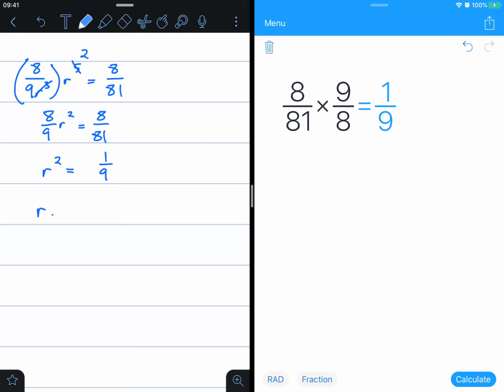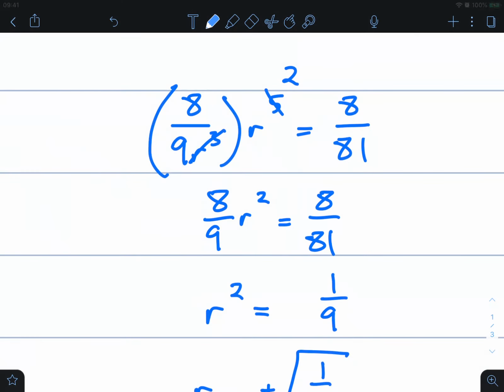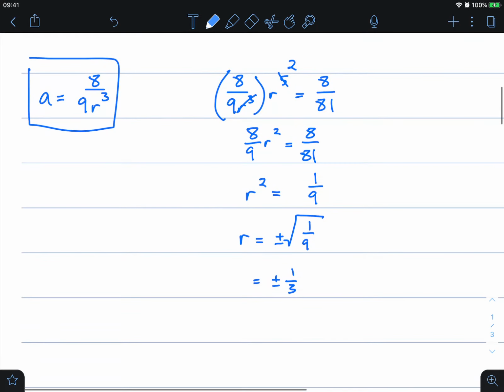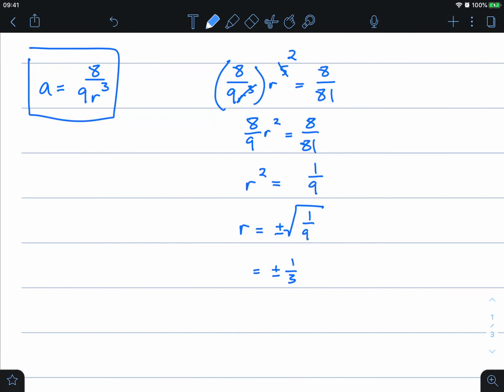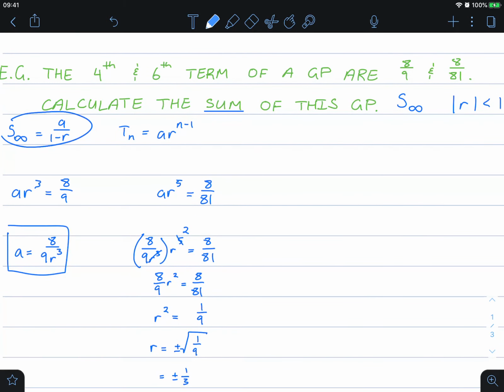Taking the square root of both sides, it gives us plus and minus the square root of 1 over 9, which should give us 1/3. So now take note that we have a positive and negative r, which means we'll most likely have a positive and negative a and a positive and negative limiting sum.